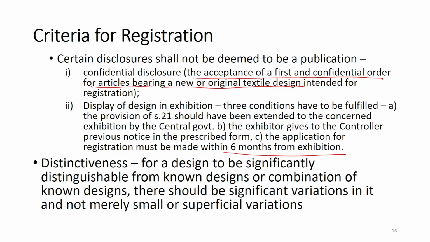And if you recall, such a disclosure is exempted in case of patent law also, and the timeline which we have there is 12 months. So, the time given here is just 6 months within which you must file the application.